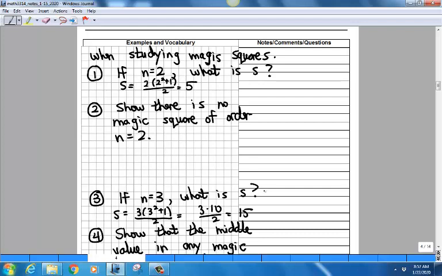Does that help you convince yourself that there's no magic square of order 2? If you convince yourself of that, try to convince your neighbor. Just annoy your neighbor and say, hey, there's no magic square of order 2. Here's why. And then we'll share in a minute or two.